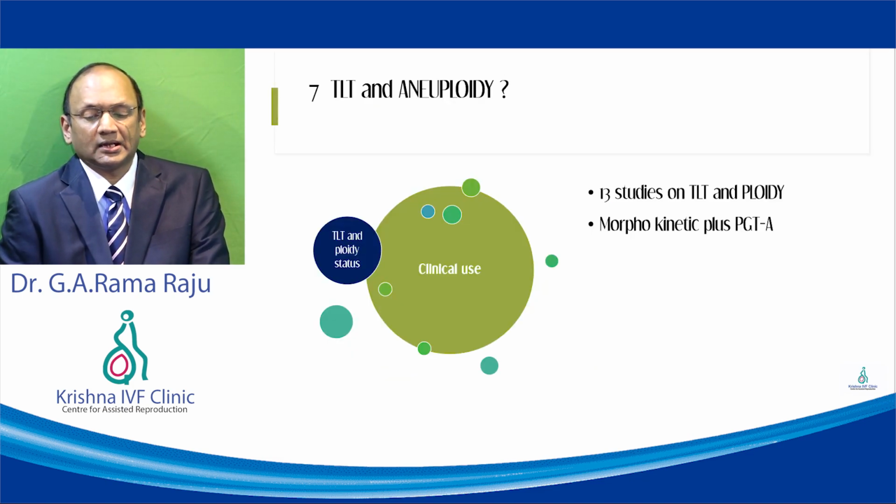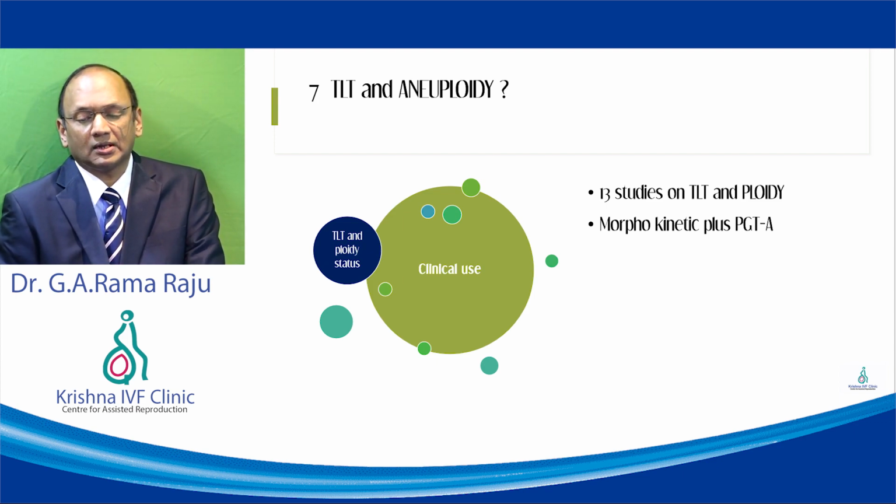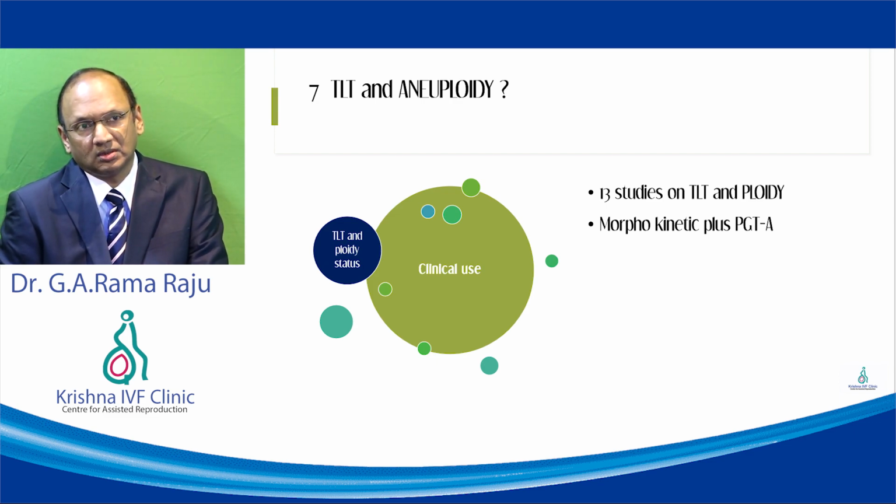What is the role of time-lapse technology in aneuploidy? Till date, 13 studies were done on time-lapse technology and aneuploidy, and the answer at this moment is they are parallel systems, but there is a suggestion coming in from some workers that you do time-lapse technology, select the best embryo, and then do a pre-implantation genetic diagnosis on that embryo, so that you are not wasting embryos and you are doing it for very few embryos which are morphokinetically normal, so your process is efficient.